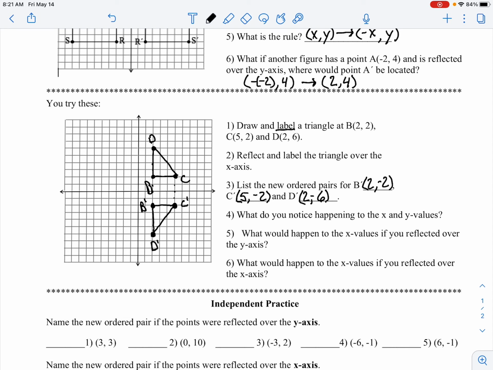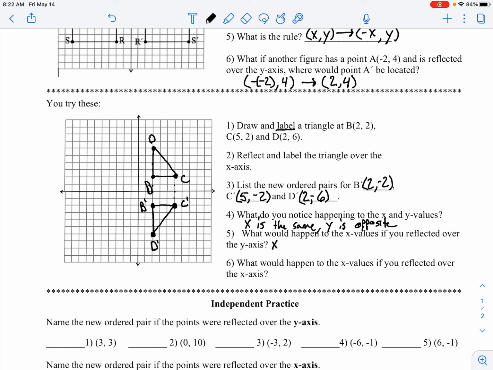So what do we notice happening to the x and y values? I don't have much space here, so we're going to say x is the same, y is opposite. What would happen if we reflected over the y-axis?